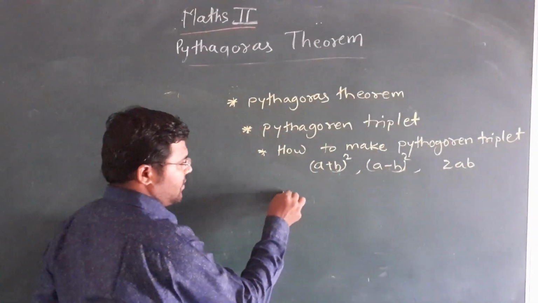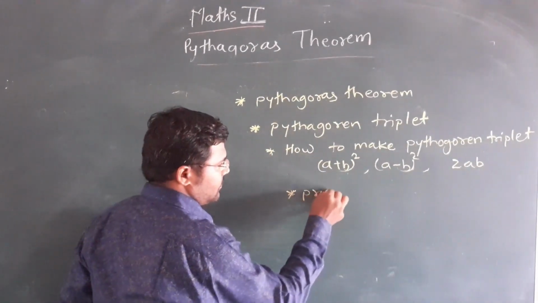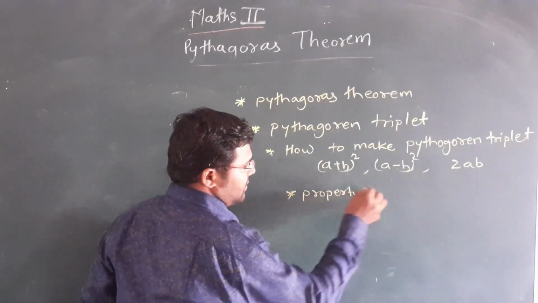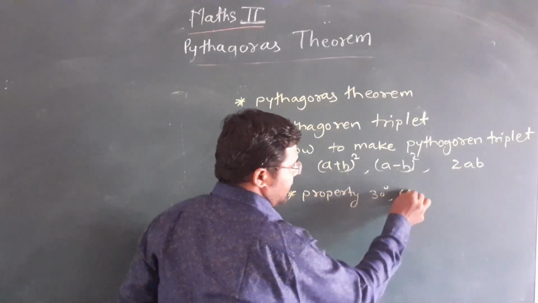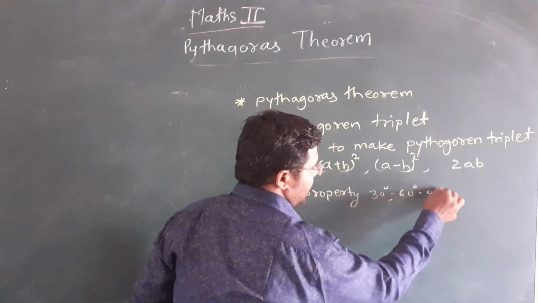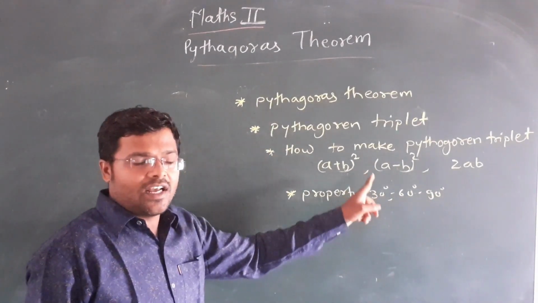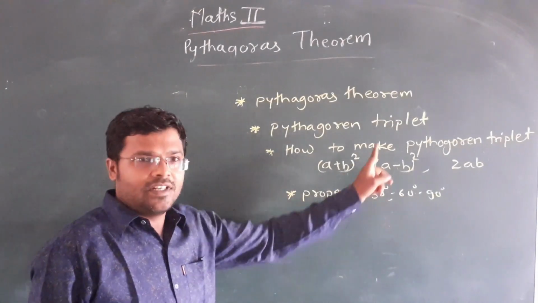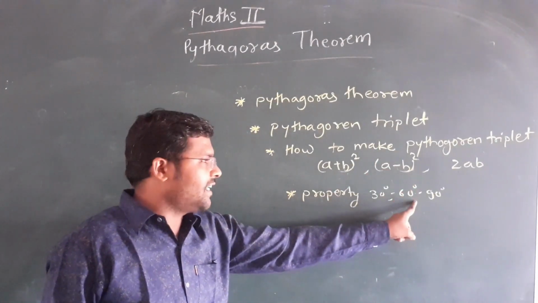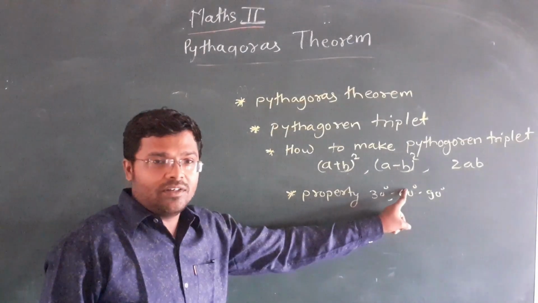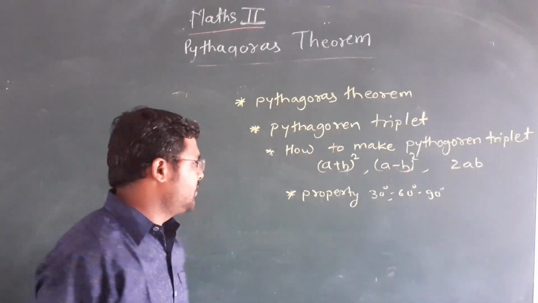After that, the properties of the 30 degree, 60 degree, and 90 degree triangle. In these properties, the opposite side of the 30 degree angle is half of the hypotenuse, and the opposite side of the 60 degree angle is root 3 upon 2 of the hypotenuse.